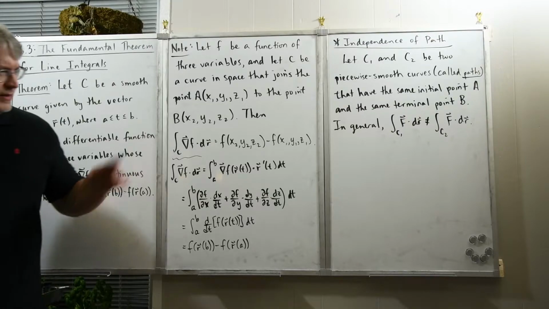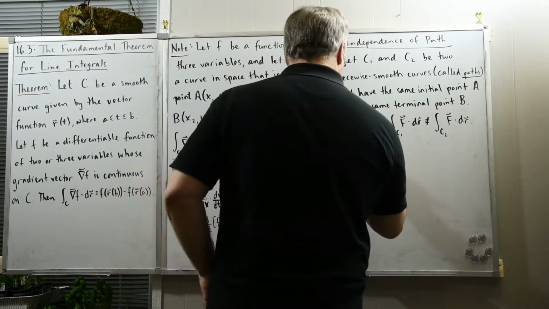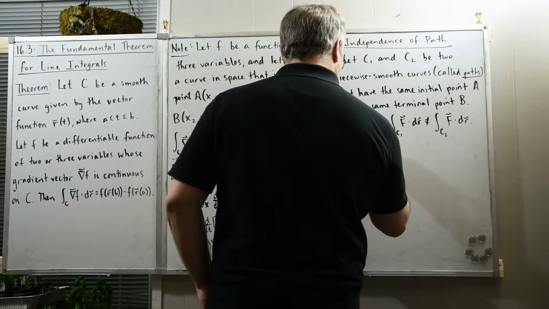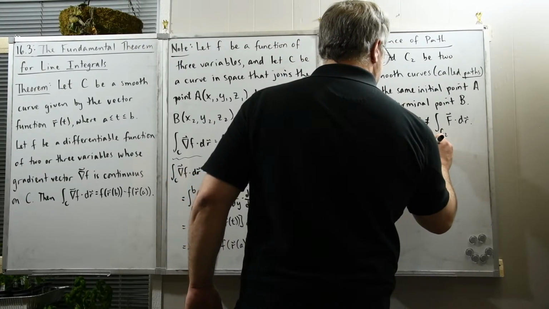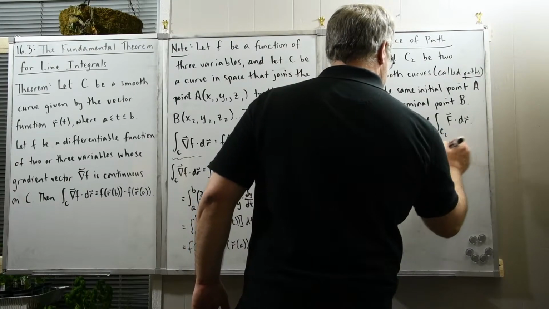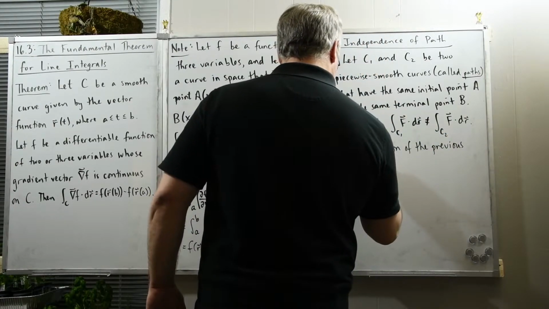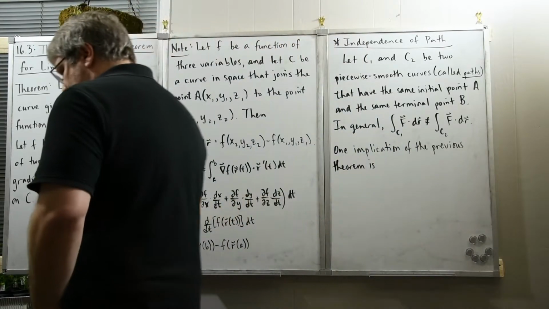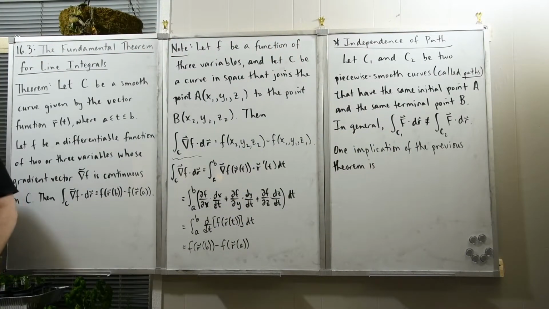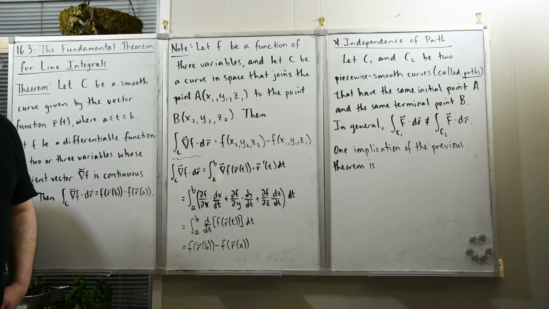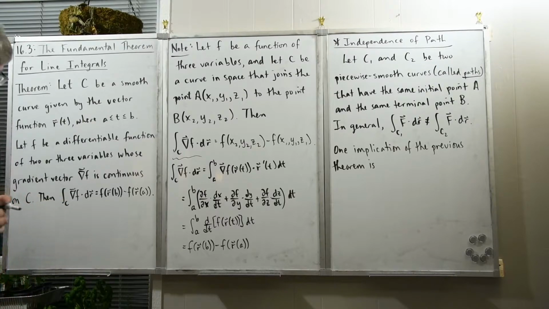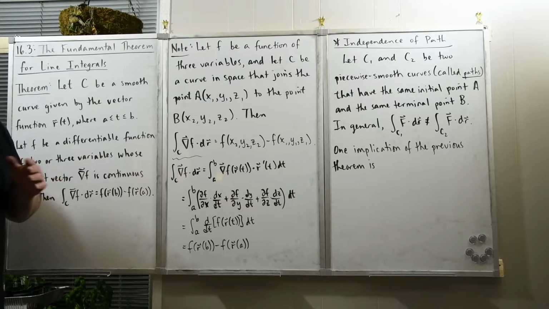However, one implication of this previous theorem is that if we take the line integral of the gradient of f along C1, that is going to be the same as the line integral of gradient of f along C2, because the terminal points and initial points are going to match up among the two paths.